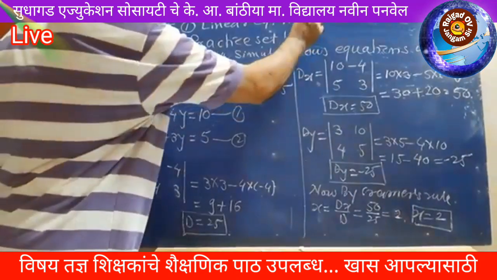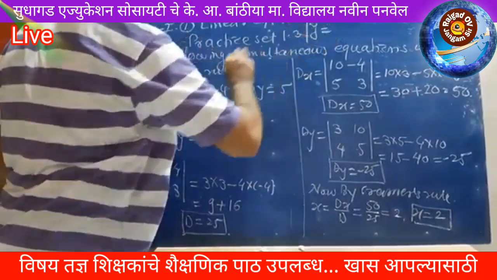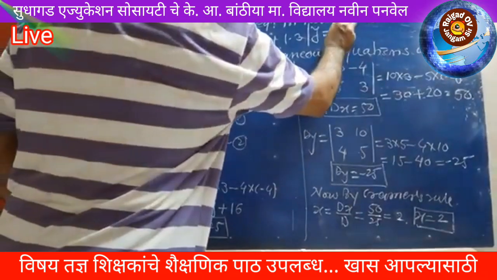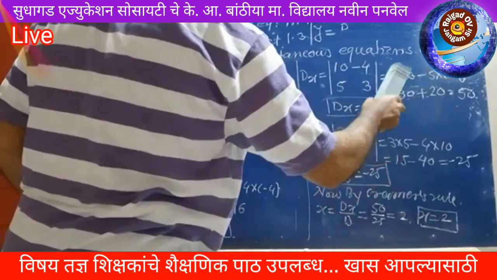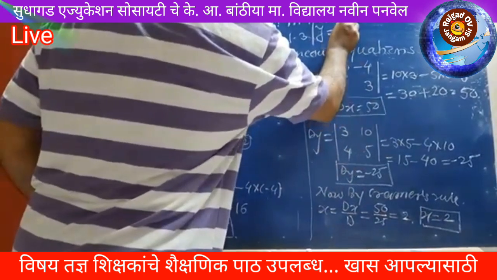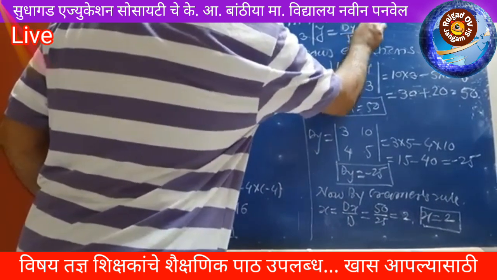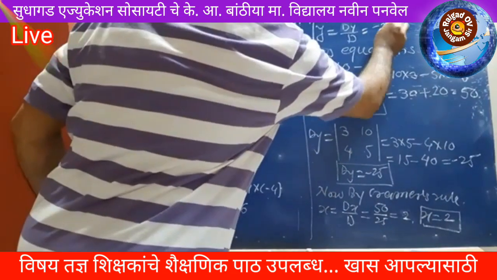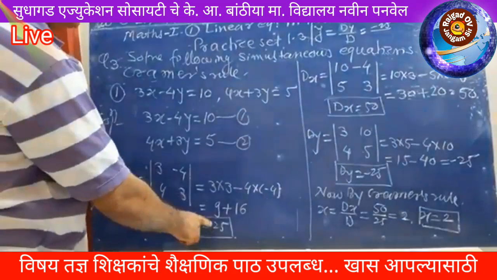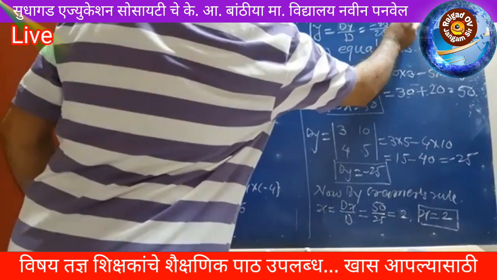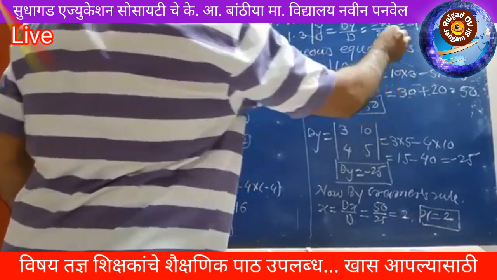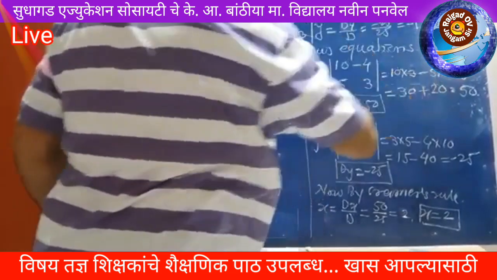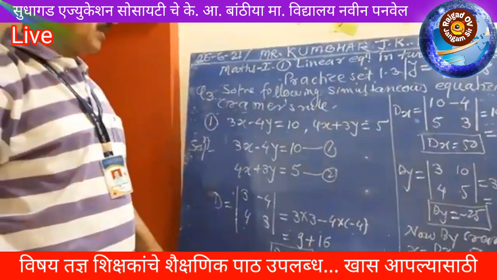Now for y. dy divided by d: dy is minus 25 and d is again 25. 25 ones are 25, means minus 1. That means y is equal to minus 1. This is the solution of the given equation.